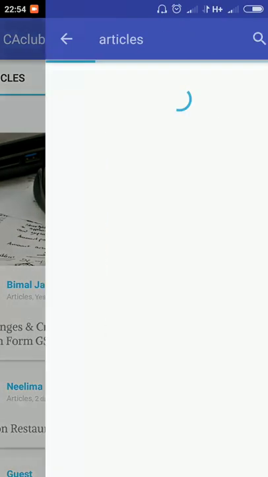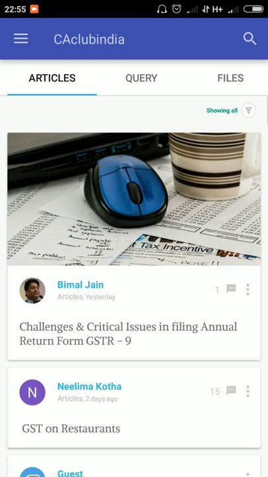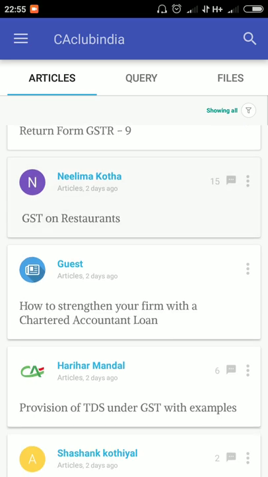So we just have a recent update by one of the persons who has just updated the details related to the GST, I believe. Seems the net is slower, hope you'll bear with me. Okay, so this is related to GST. We have GST on restaurant. We have how to strengthen your firm with the chartered accountant loan.